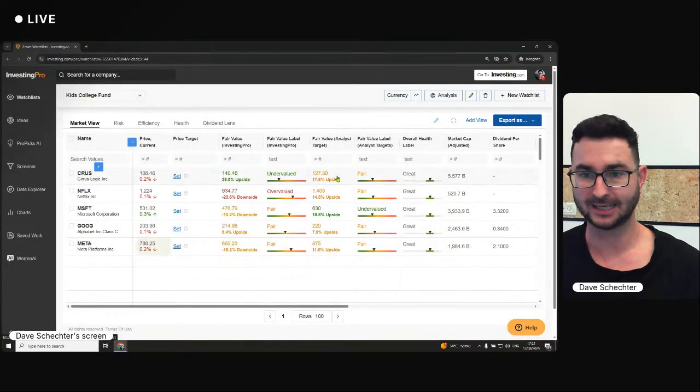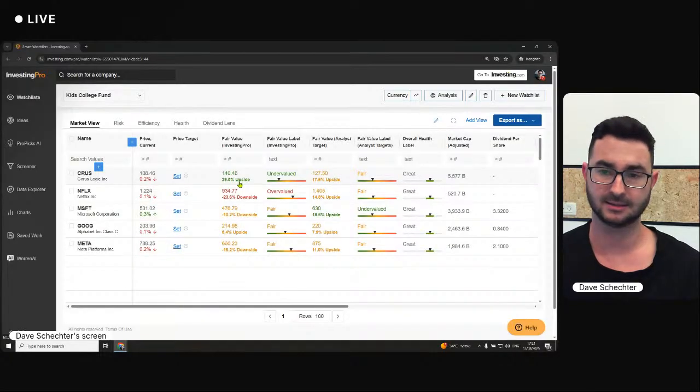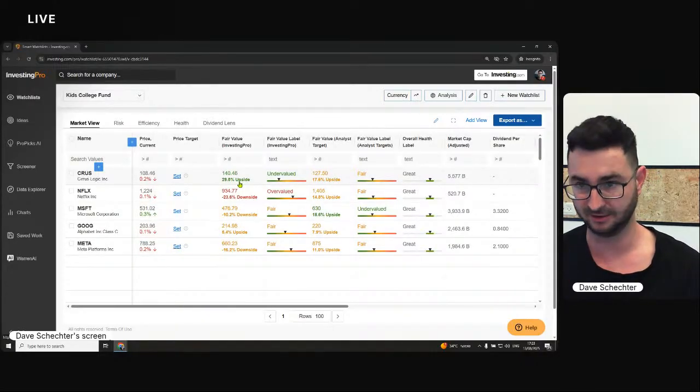So what I can see here is with the stocks that are in my portfolio, according to our fair value calculator, I see that Cirrus Logic has an almost 30% upside based on Cirrus Logic's current book of business.